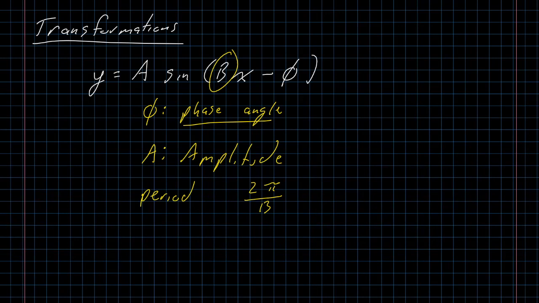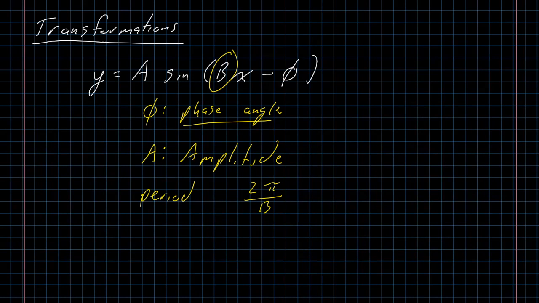Remember that if you increase the value of B, it brings the function tighter together, which means it has a shorter period. Larger B, smaller period. If you decrease the value of B, it spreads the graph out, giving you a longer period. Smaller B, larger period.